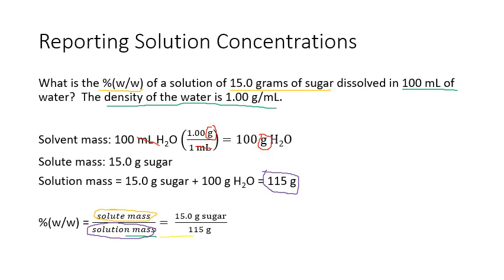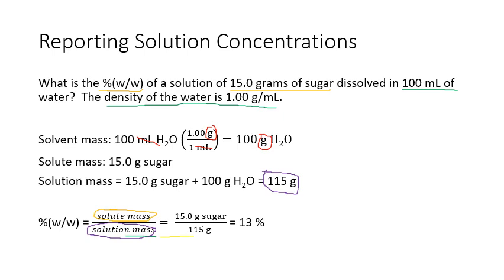It's 15 grams divided by 115 grams, which comes out to about 13% in this case. So 13% of the weight of this solution comes from the solute, which is the sugar. The other 87% of the solution's weight comes from the mass of the water, which makes up the solvent.